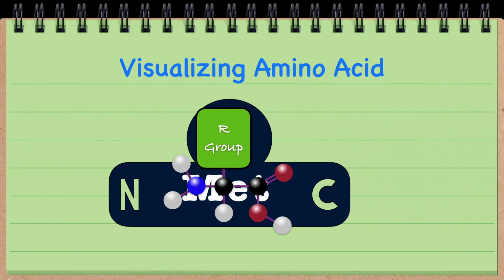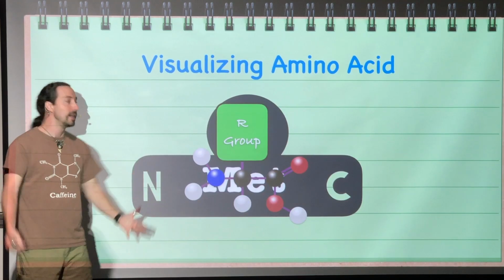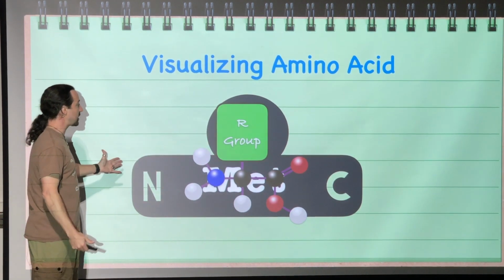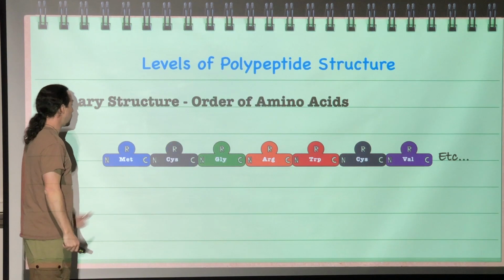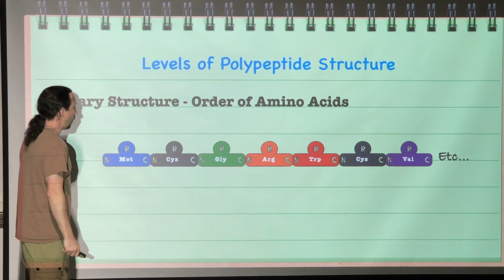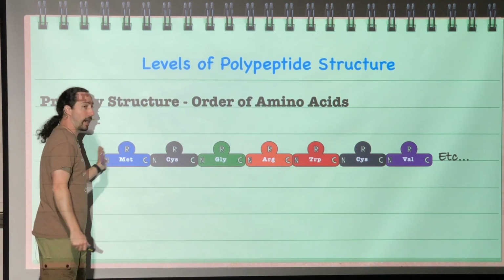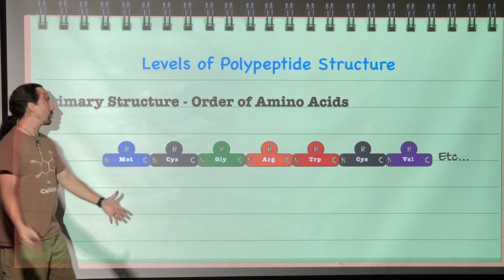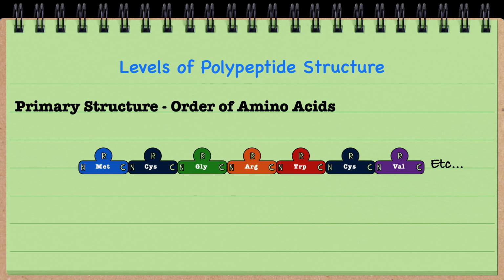To do this, we're going to simplify how the amino acid looks. Instead of drawing the ball and stick model, I'm just going to have this simple structure right here, and now we have a chain. This is our polypeptide chain, and that brings us to our first level of structure, which is primary structure. That is just the order of the amino acids.